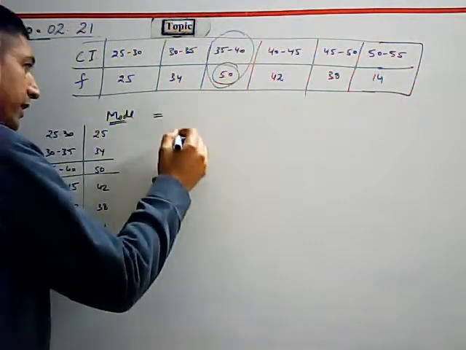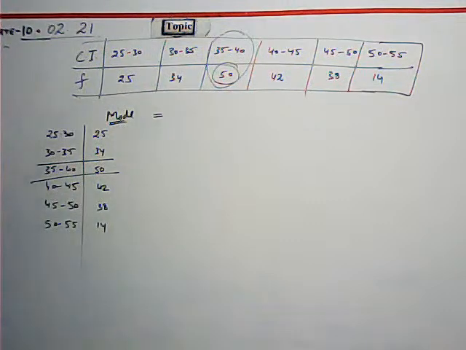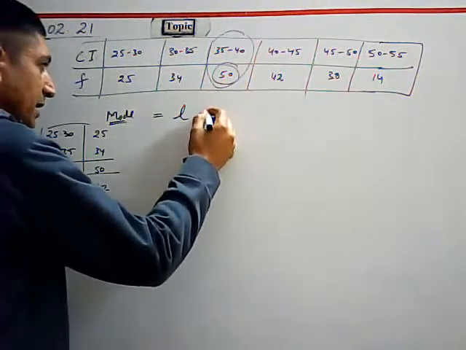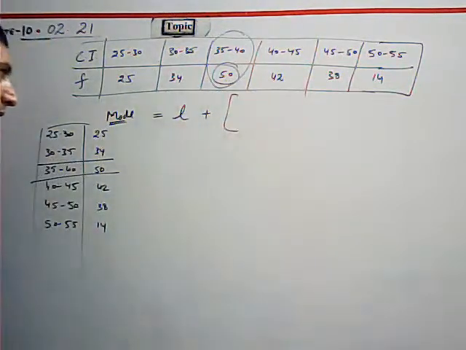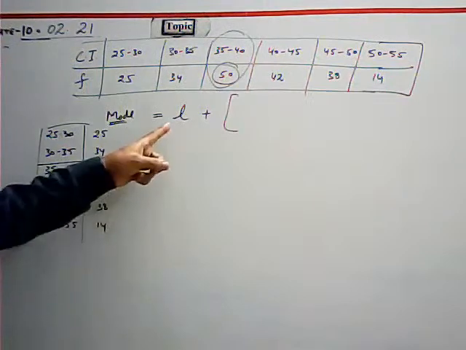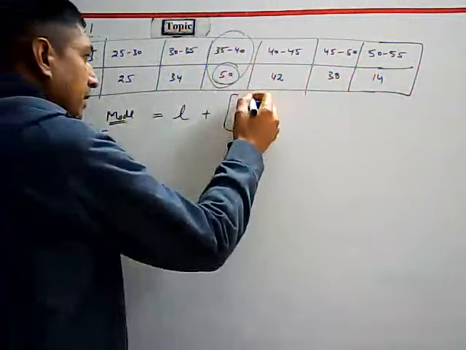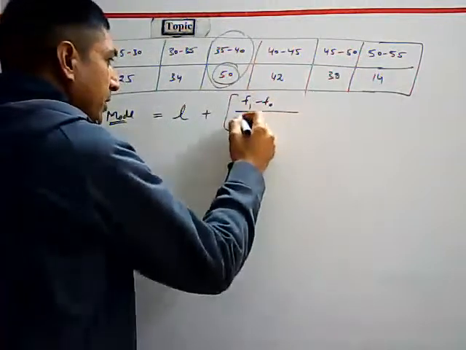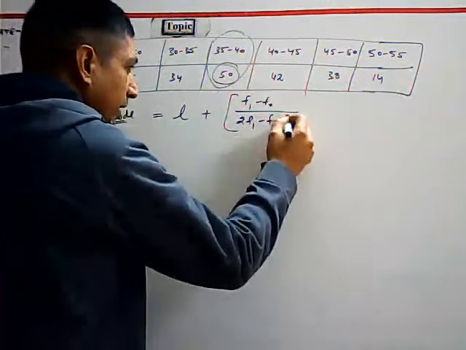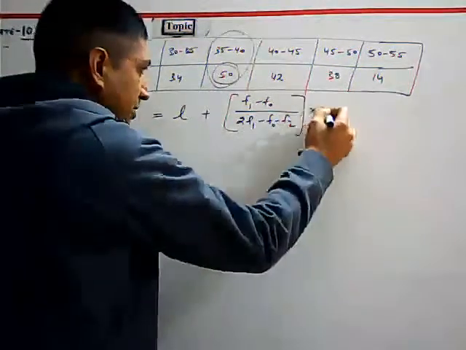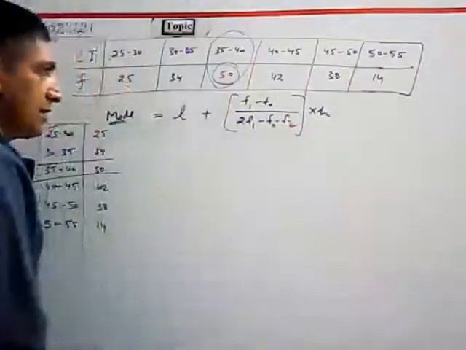So the mode here is equal to, to find the mode we have L, the lower limit of the modal class, plus F1 minus F0 upon twice F1 minus F0 minus F2, into H. H is the class size.